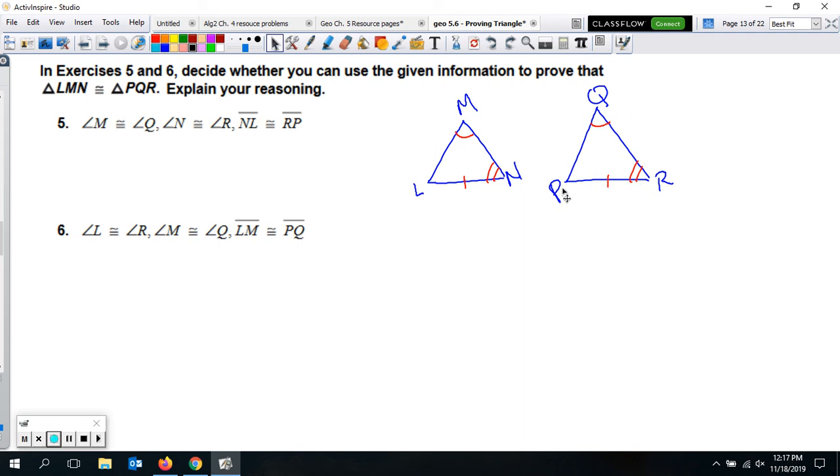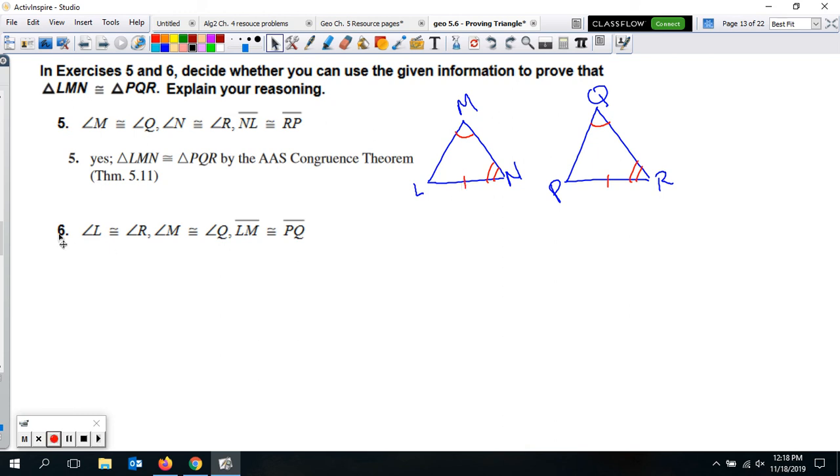So we have corresponding angles, corresponding sides. So you have 2 angles and a non-included side. So for that, yes, you can say that they are congruent because of the AAS with the non-included side there.